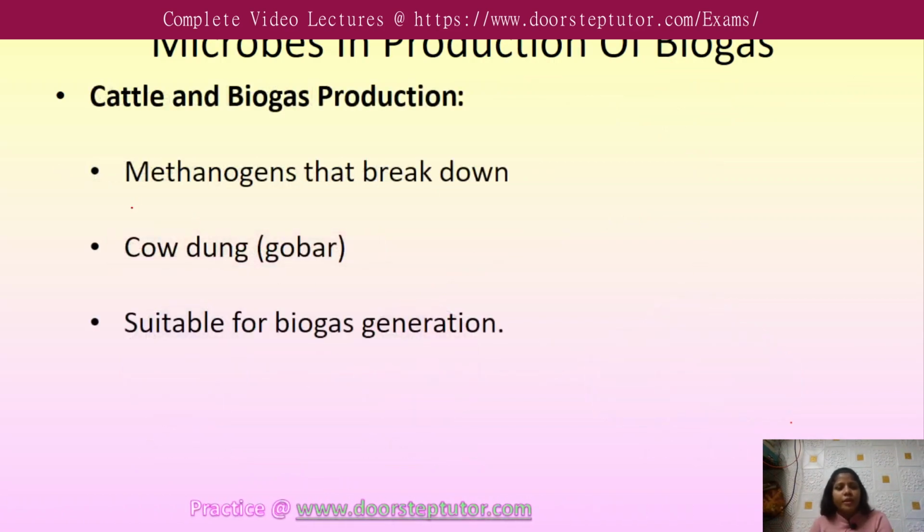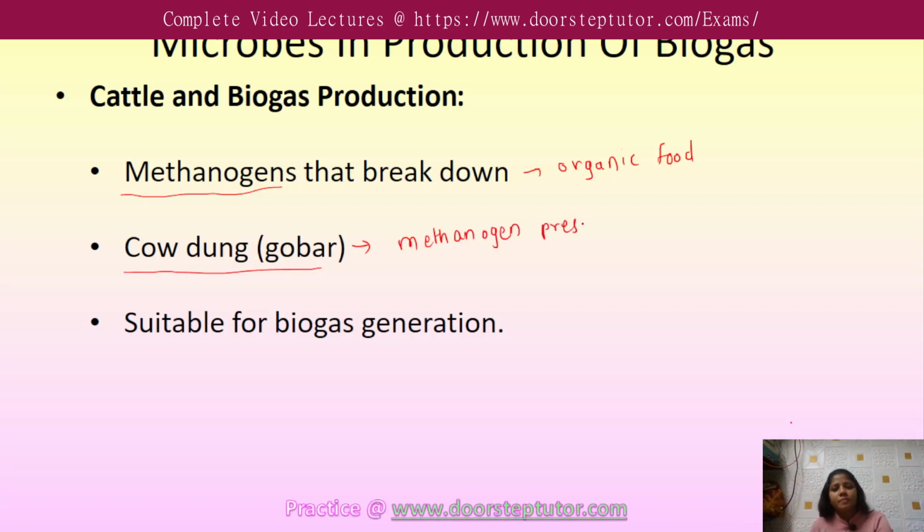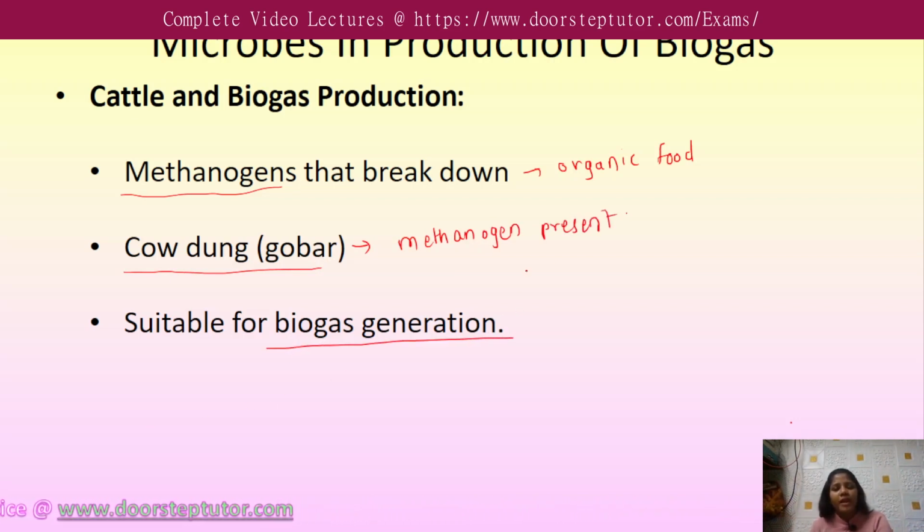As we know already, methanogens break down organic food. Cow dung, also known as gobar, has methanogens present, and this is suitable for biogas generation.